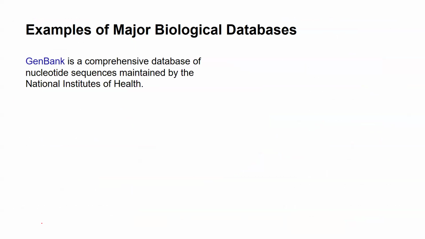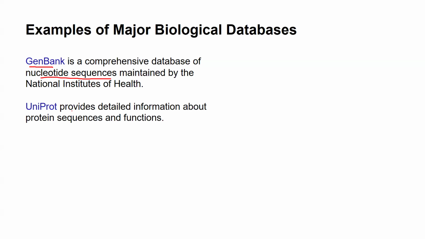We have GenBank. So what did we get in a GenBank? As explained earlier, GenBank is a comprehensive database of nucleotide sequence maintained by National Institutes of Health. So if you're looking for nucleotide sequence of any genes, you can go to GenBank.